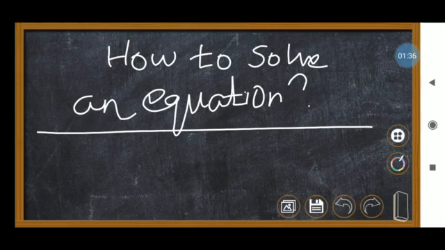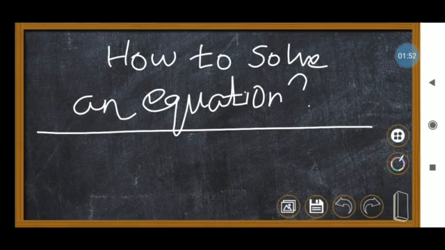The first step is to identify the constant and the variable, and the second step is to find the variable: keep numbers on one side and variables on one side. Then you find the value of that variable.